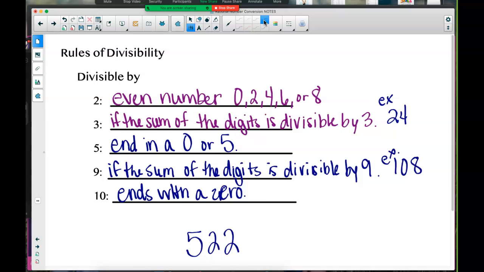What's 5 plus 2 plus 2? 9. Does 3 go into 9? Yep. So I could also divide this by 3. Is it divisible by 5? No. Is it divisible by 9? 5 plus 2 plus 2 is 9. So yes. Is it divisible by 10? No.